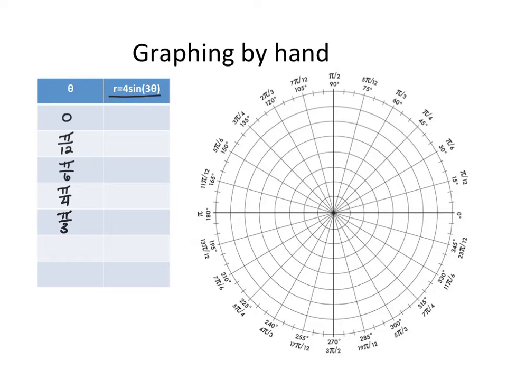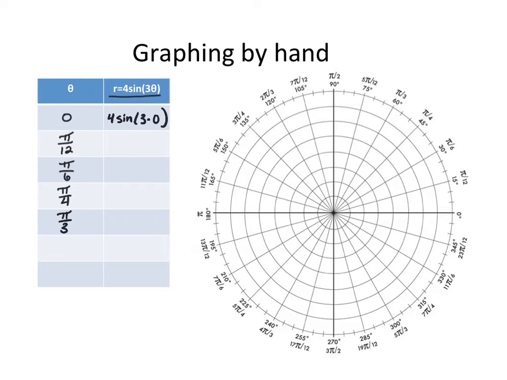And to find the r value, these are the independent values, I've picked these, again building counterclockwise starting at 0. I'm going to use that r is equal to 4 sine of 3 theta to find the r value. So the first one is 4 times sine of 3 times 0, because that's the independent theta that I've chosen.